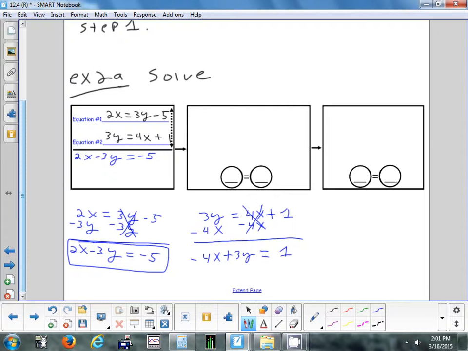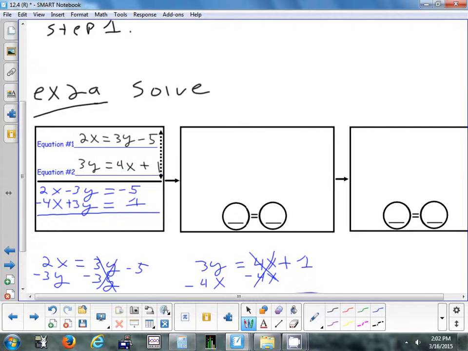Okay. Here's our new second equation. Let's write that one below the other one. Negative 4x plus 3y equals 1. If you look at that and make it a little bigger.